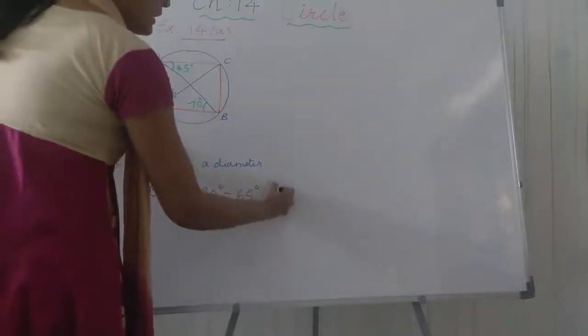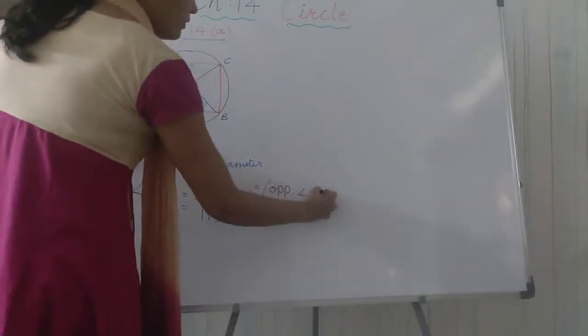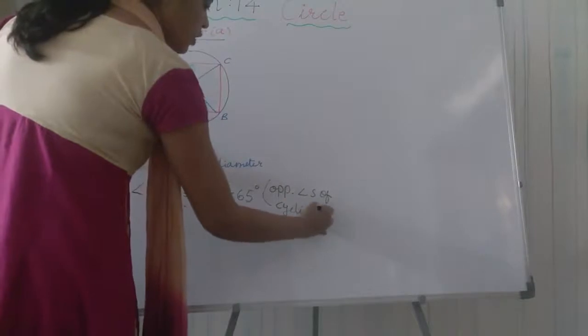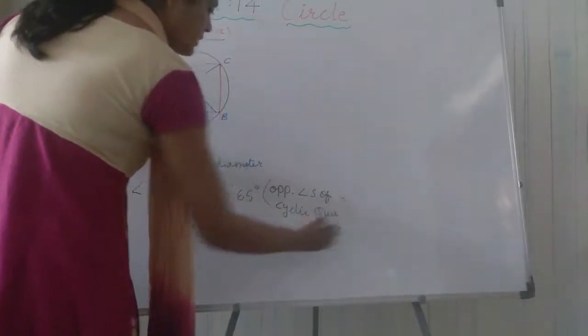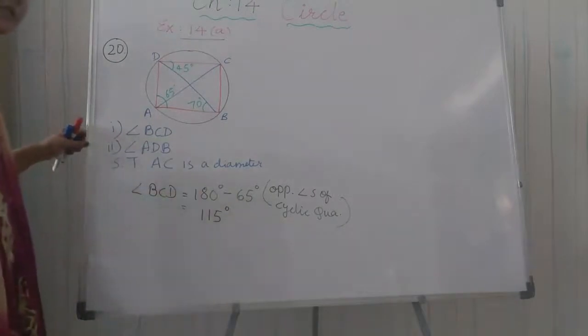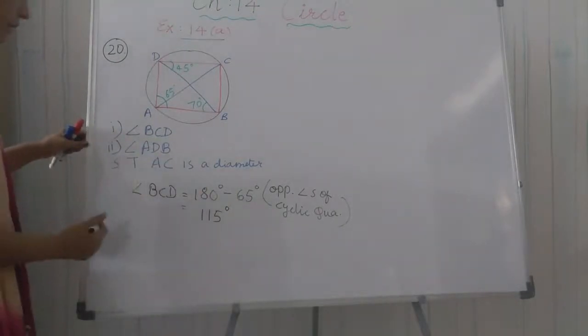Writing opposite angles of cyclic quadrilateral. They are opposite angles, and opposite angles are always supplementary. So 180 degrees minus 65 degrees, so 115 degrees.